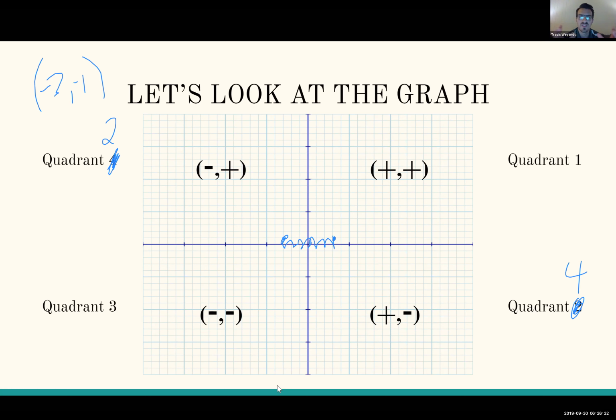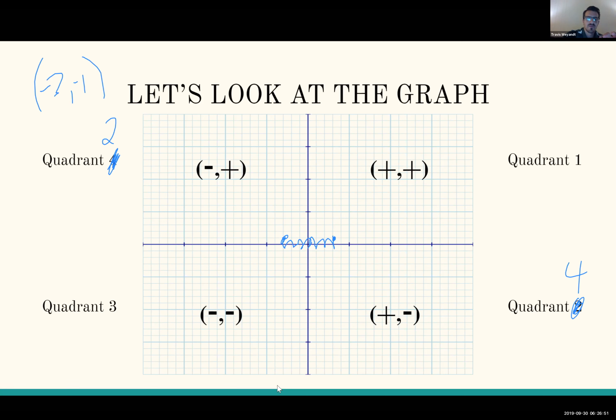The reason we're doing this is that it's going to help us reflect and rotate successfully, knowing full well the signs that correspond to the numbers in each quadrant. If we know this idea, it's going to help us understand how to rotate and how to reflect successfully.